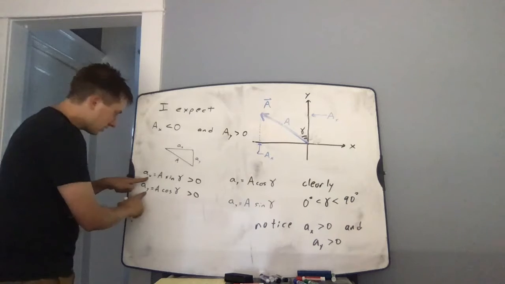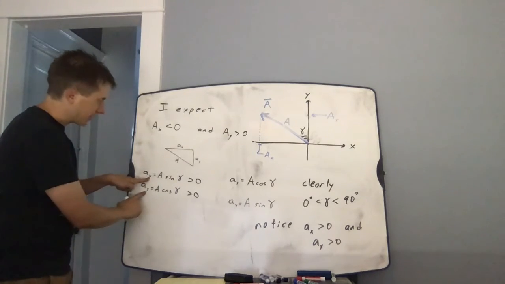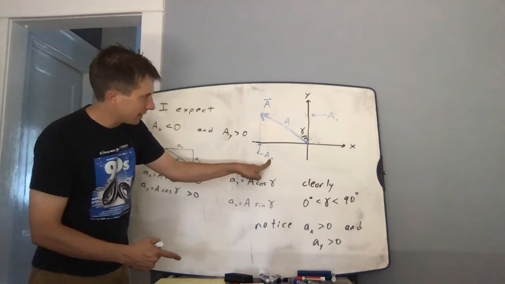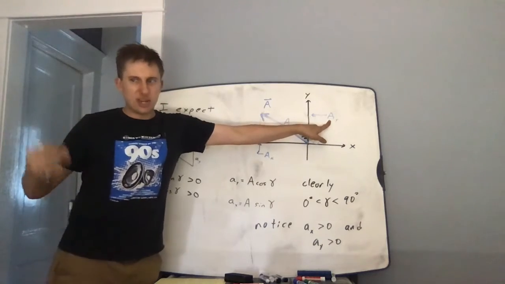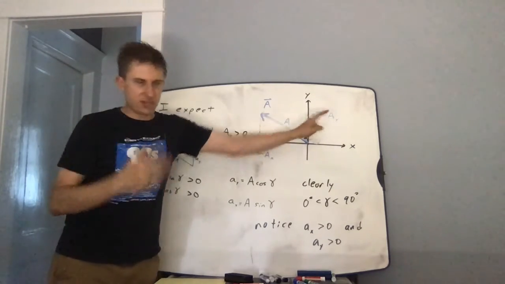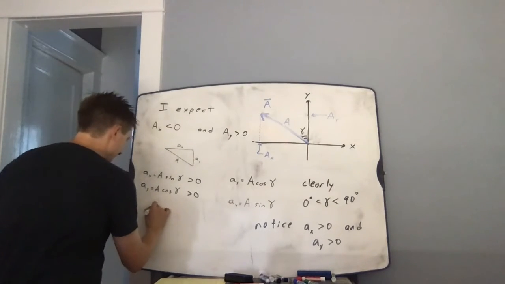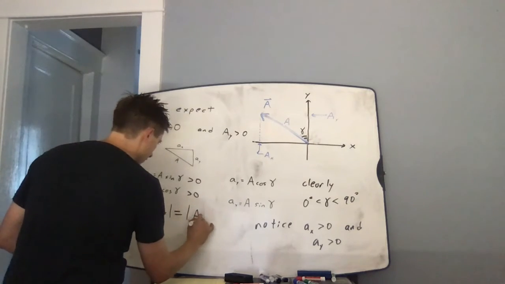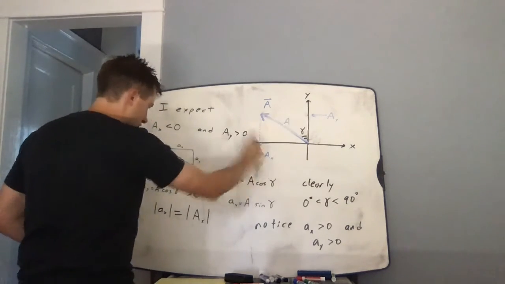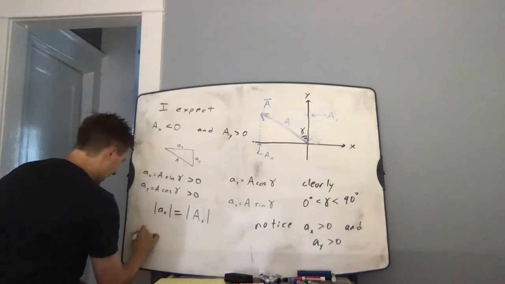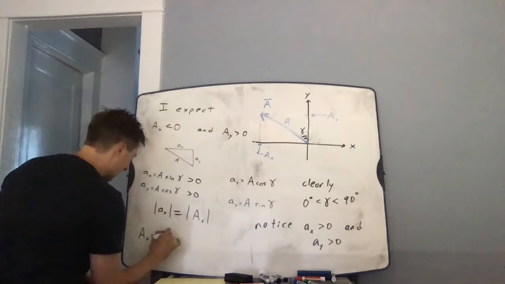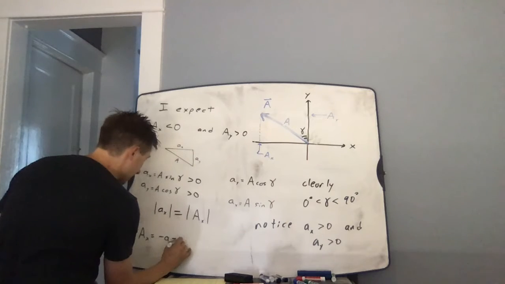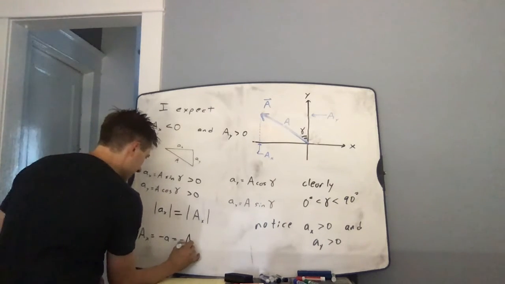I know the absolute value of AX and AY will be the same as the absolute value of the components of vector A, but the signs, positive or negative, I need to place by hand. So the absolute value of AX will be the same as the absolute value of the component AX that I really want to know. But I need to then say AX is equal to negative A. I need to put this negative sign in by hand. And so I write that as negative A sine gamma.